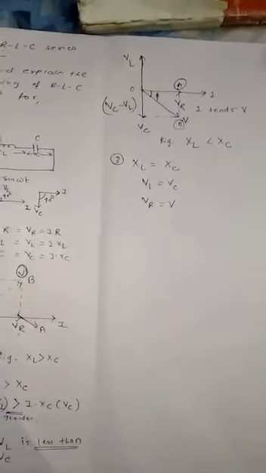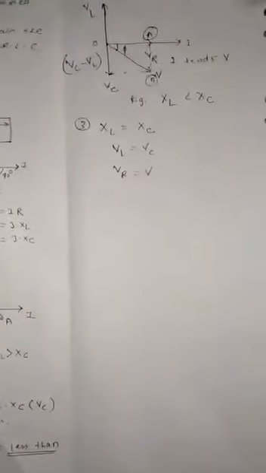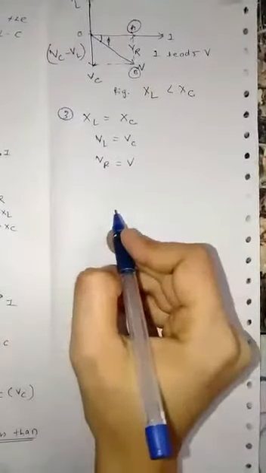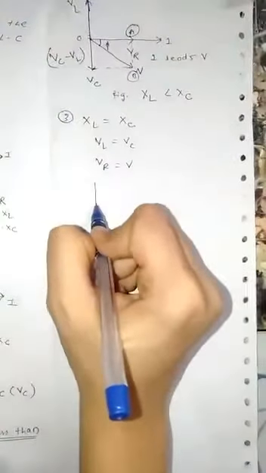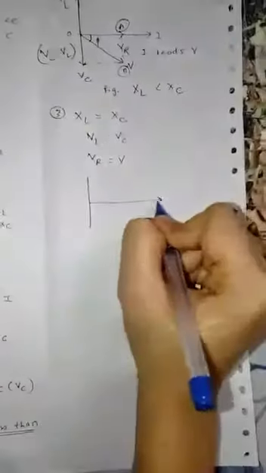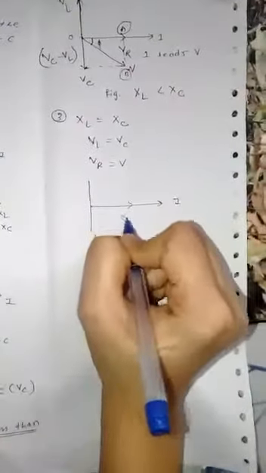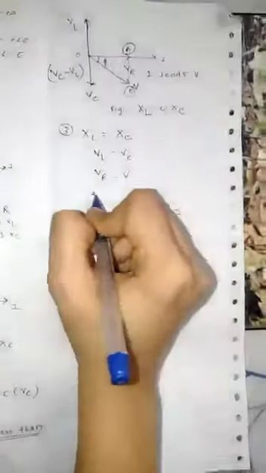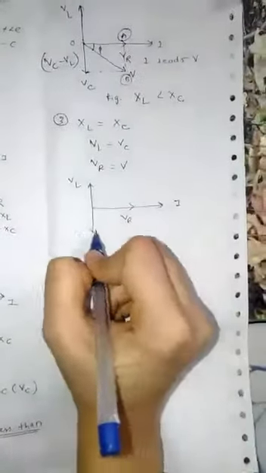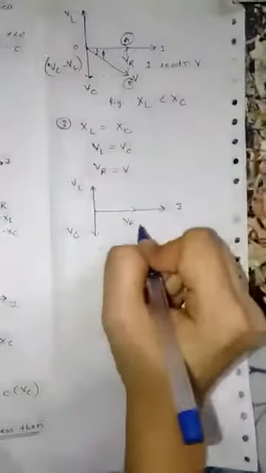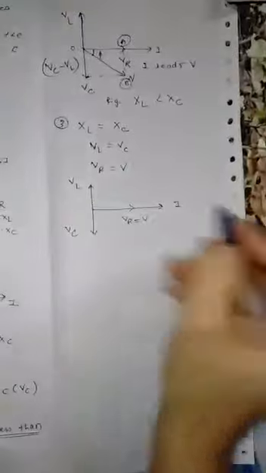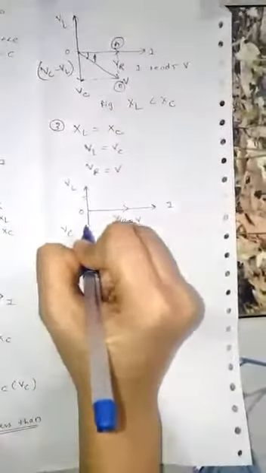Now we can see the phasor diagram: current reference, voltage across resistance, inductance and capacitance, where VR is equal to V, and VL and VC are equal and cancel each other.